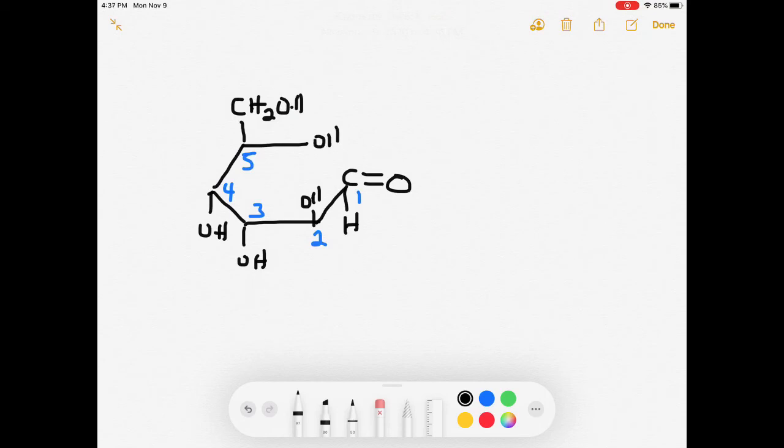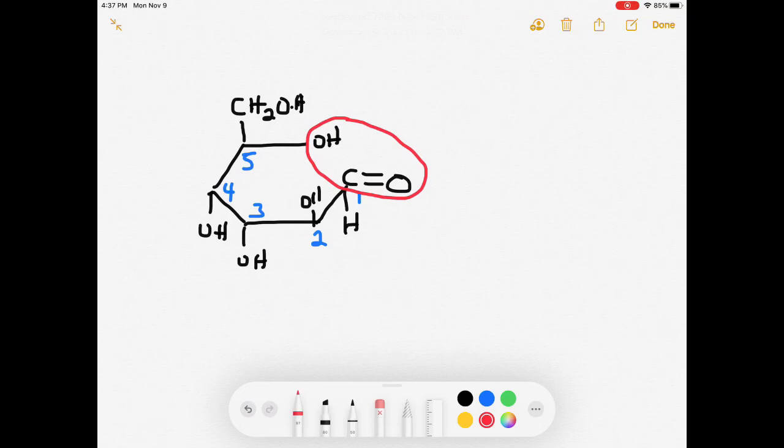Okay, and now my OH group is here. So I didn't do anything crazy. I just switched the way the OH was shown and the CH2OH is shown. They're still attached to that carbon 5. Okay, so now the reaction is going to take place right here between the aldehyde and the OH group.